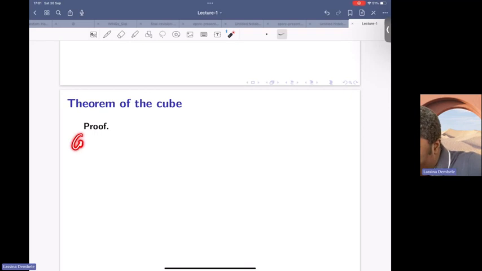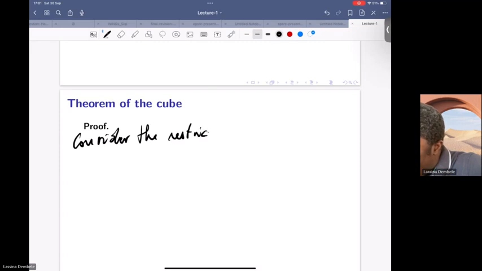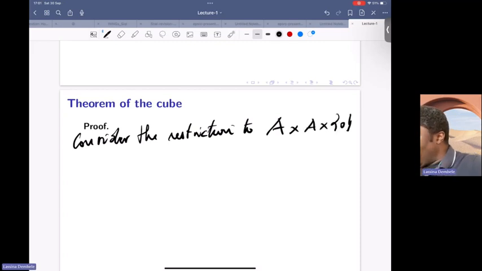Let's consider the restriction to A cross A cross 0, for example.